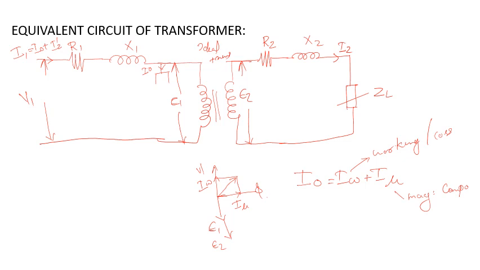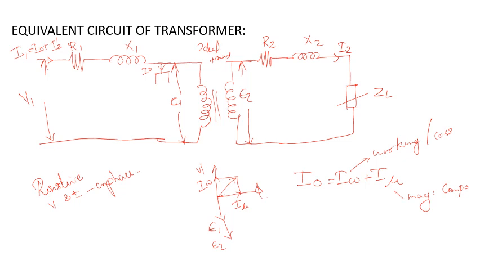We have to represent I0 on the basis of IW and I mu. We know that for a resistive load, voltage and current both are in phase. That means here IW is in phase with V1.